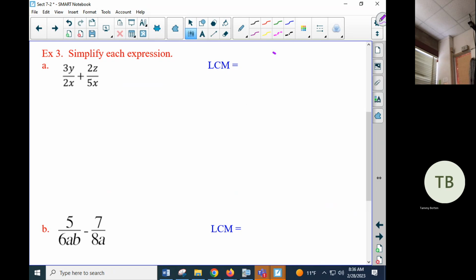Okay, so this one, notice the bottom has a 2 and a 5. Can you guys think just off the top of your head, what do 2 and 5 both go into? 10. So your least common multiple is going to be 10. And then do you remember how you take the highest of your powers of your variable? So it'd just be x, okay?